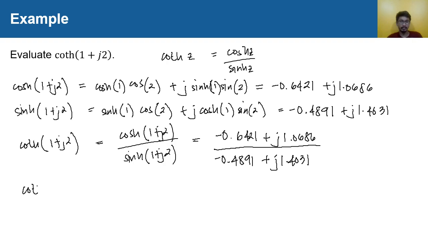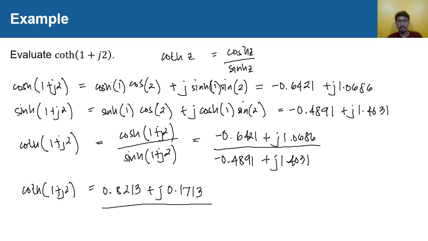Dividing that, we now have 0.8213 plus j0.1713. So that ends our discussion on trigonometric and hyperbolic functions of complex numbers. Thank you.